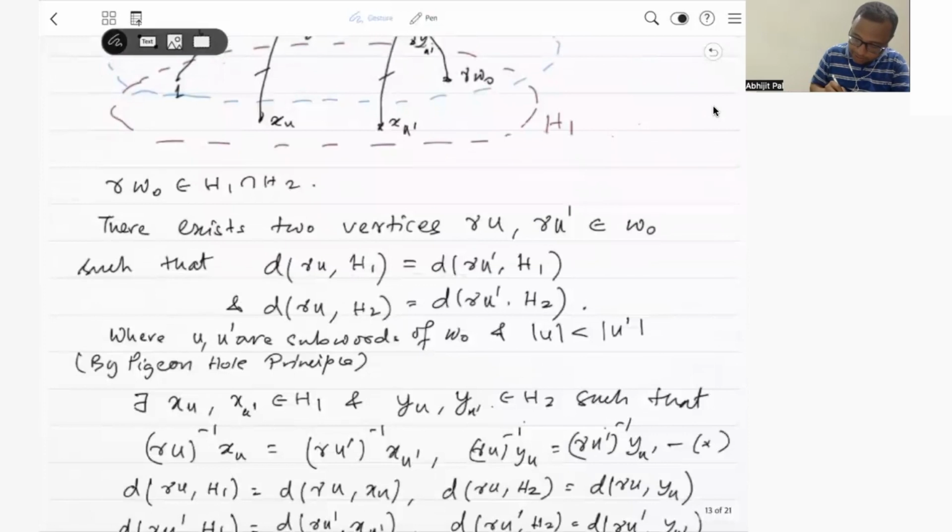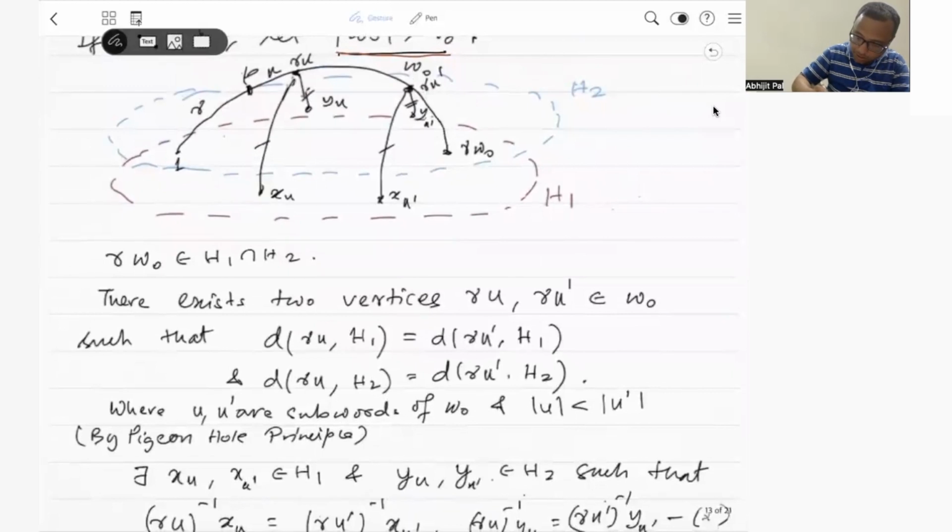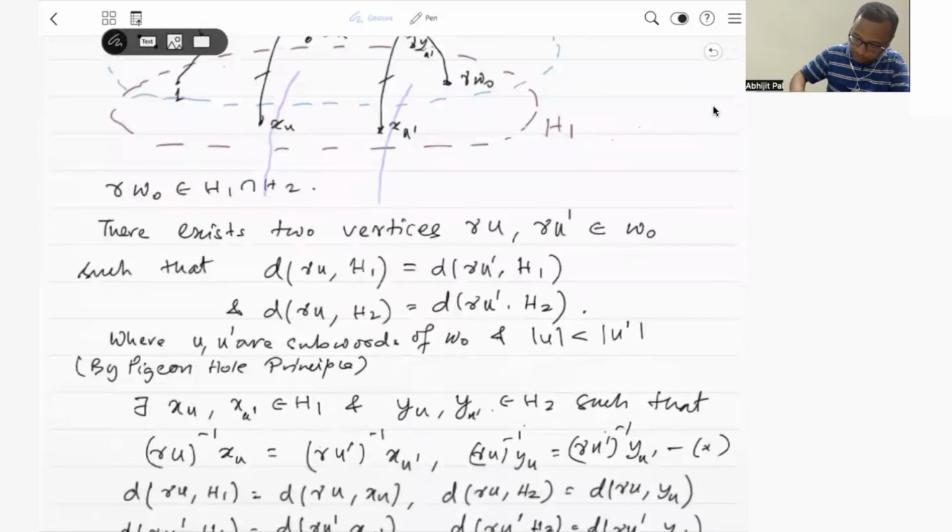So therefore, there exist points xu and xu prime belonging to H1, yu and yu prime belonging to H2, such that the distance of gamma u to xu and the distance of gamma u prime to xu prime are the same. So these two geodesics are labeled by the same word.